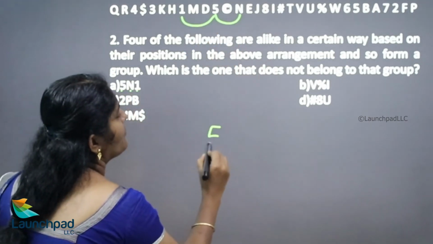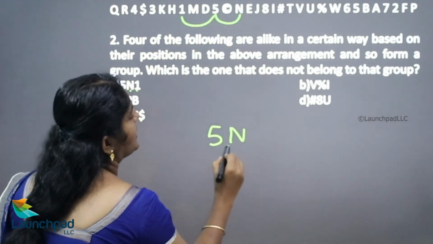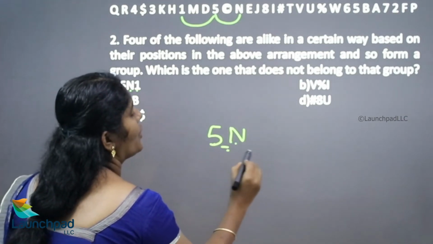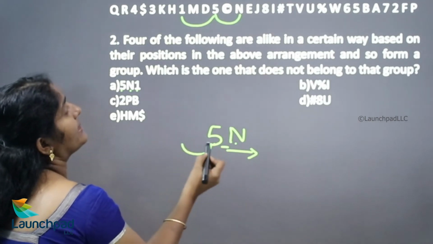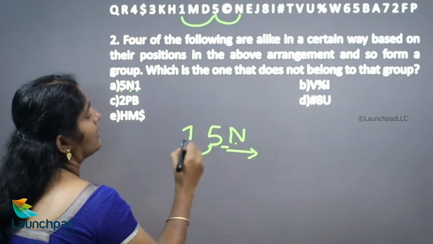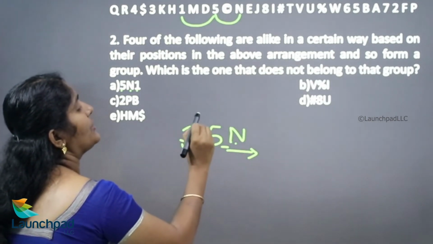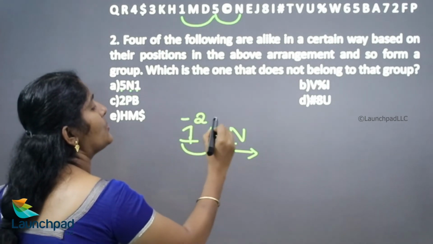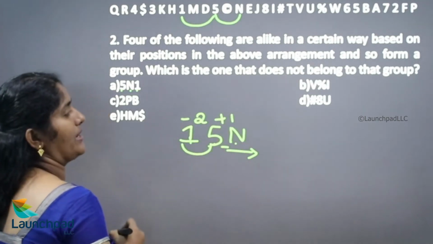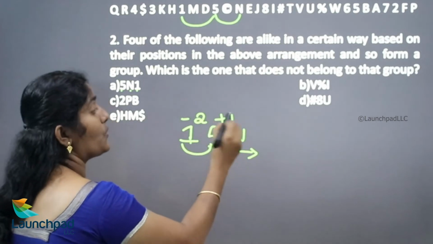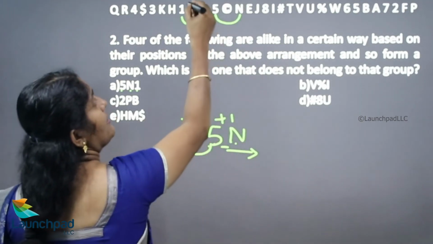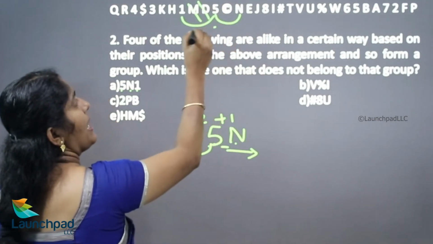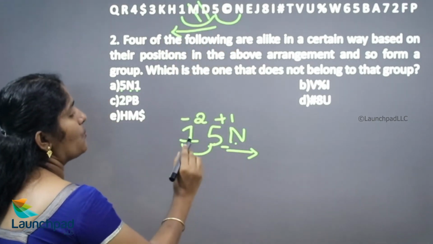So from 5, one letter is skipped in the forward direction to N. Then from N to 1, two letters are skipped. So between 5 and 1 it is -2, you can identify it like this, +1. Next, plus 1 adds one more letter, and this one we subtract, in the backward direction.